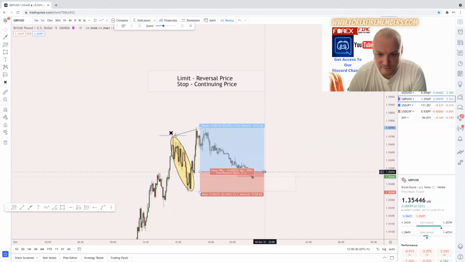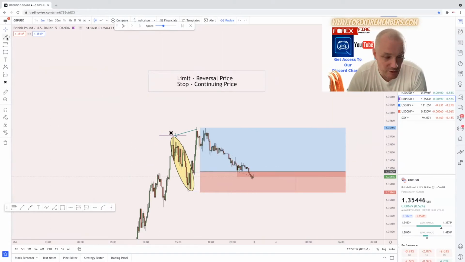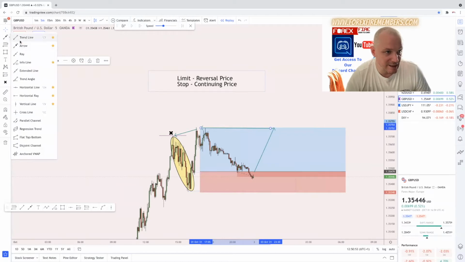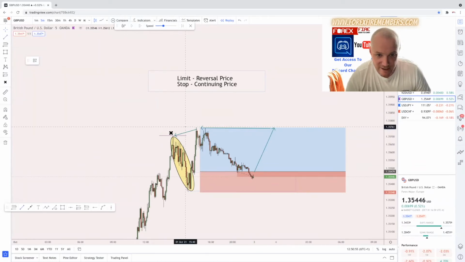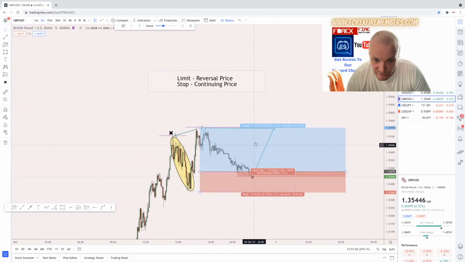Price is finished at the moment, but it would start to move, and we would expect this to bounce back up to here to meet the requirements of that liquidity area. Once you've taken the break of structure here, this then became the liquidity area, so we would anticipate a move up to here.